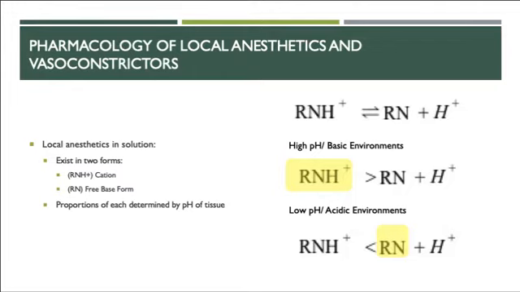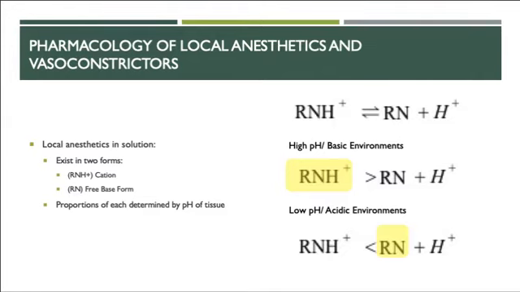In a high pH or basic environment, the equilibrium shifts towards the base form. And so you have the base form here in a high pH basic environment. In a low pH or acidic environment, the equilibrium really shifts to the left, and most of the anesthetic solution is in the cation form or RNH plus form.